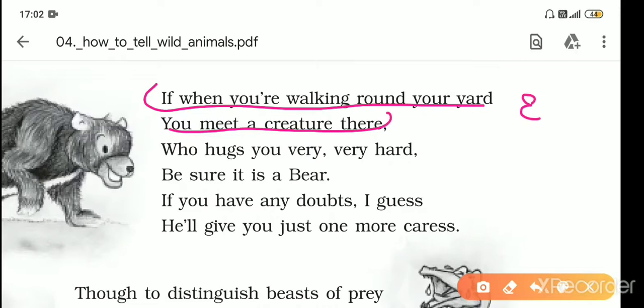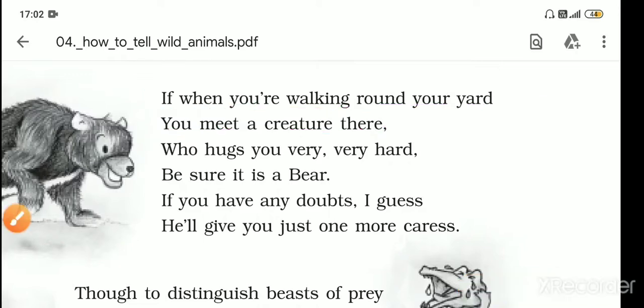Next is alliteration, use of W sound, walking. Then assonance, use of vowel sound E: meet, a creature there. So this is your fourth stanza.